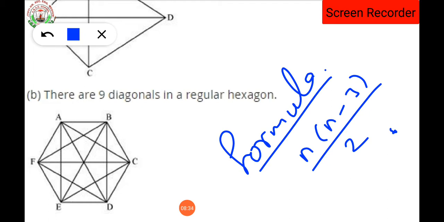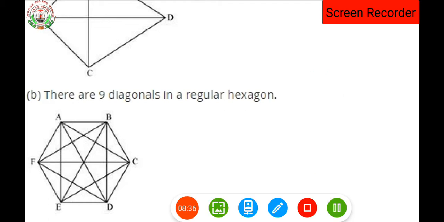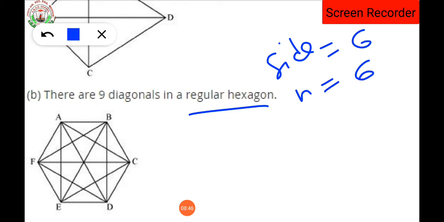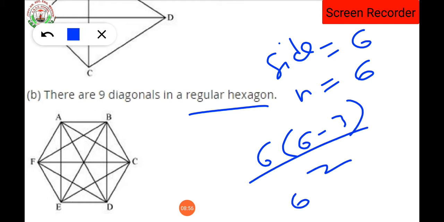Suppose, as we know, it is a regular hexagon. A hexagon has how many sides? 6 sides are there. That means, n indicates the number of sides, so the n value will be 6. So 6 into 6 minus 3 upon 2. 6 into 6 minus 3 is how much? 3 upon 2.